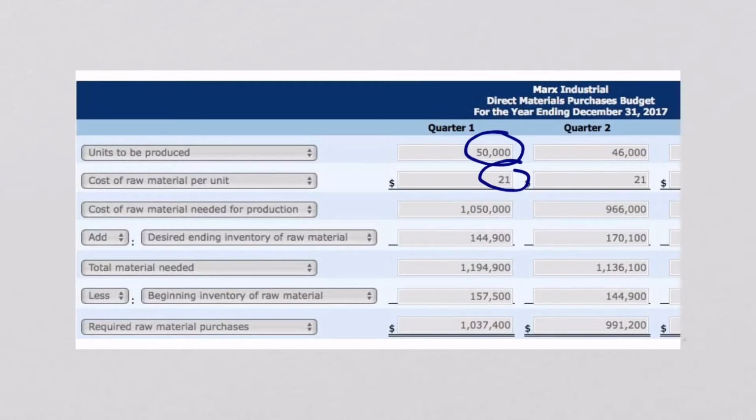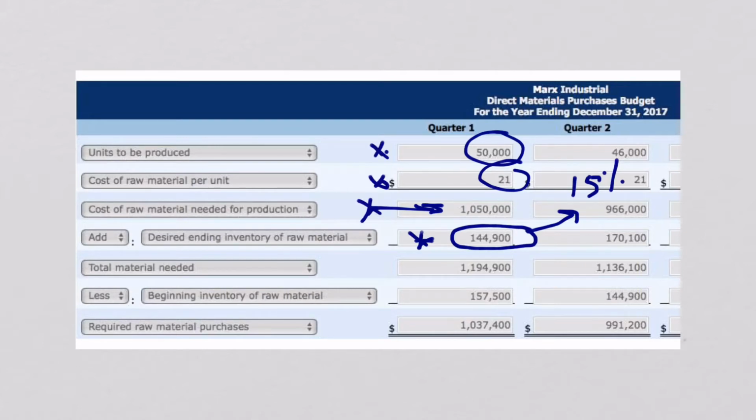You'll then be asked to calculate the ending inventory desired, and it's usually based on the next month's production. In this case, it's 15% of the next month's production, so you'd be able to figure out what this number is supposed to be. So this is a given, this is a given, the price is a given. These are all things that you know.